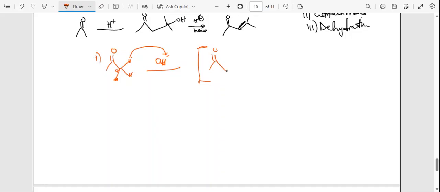Once I do this, I'm adding this OH there, trying to break the bond. Once I remove this hydrogen, it's possible that this bond conjugation can be between here, or the same bond can be up there. Because once I remove this hydrogen and attach it to this hydroxide here, it will be positive, and this guy is negative always.